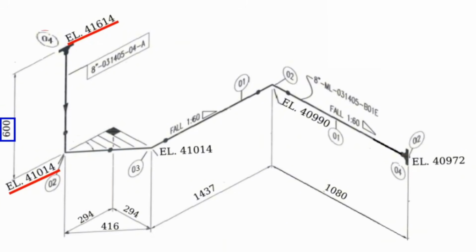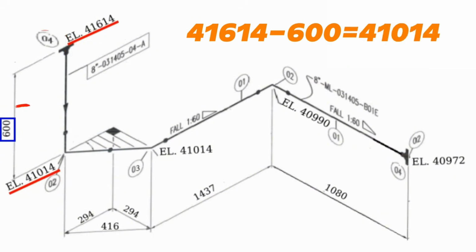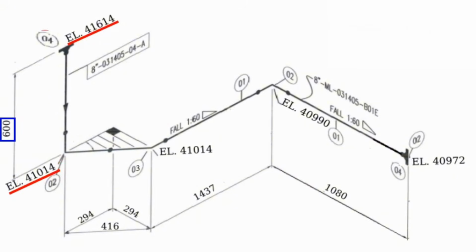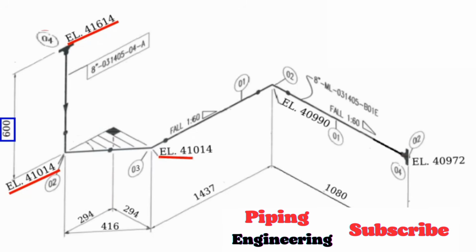Let's check the accuracy of this height: 41,614 millimeters minus 600 millimeters equals 41,014 millimeters. Then the pipeline travels horizontally at the same height, therefore the elevation will still be 41,014 millimeters.